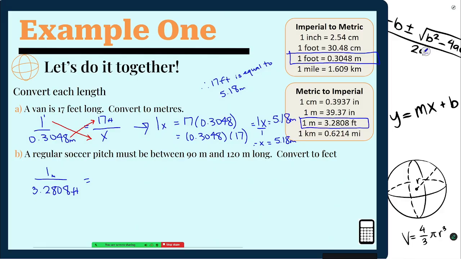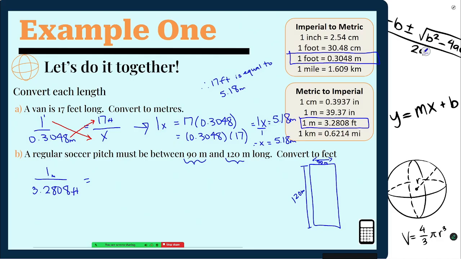So first what we're going to have to do is, if it's got to be between 90 meters and 120 meters long, we're actually looking at two different measurements. So when you're thinking of your soccer pitch, it's kind of a rectangle. It's 90 meters by 120 meters.